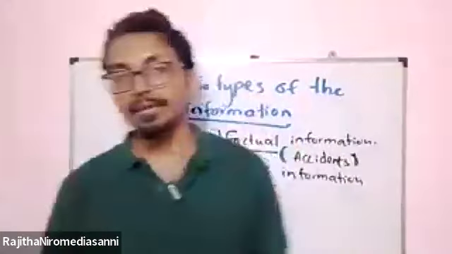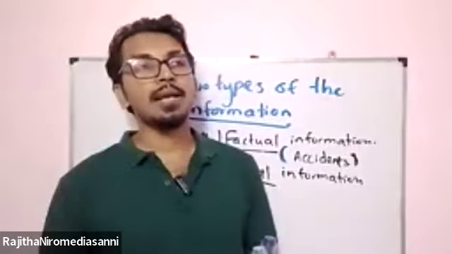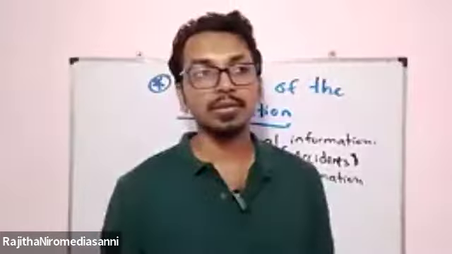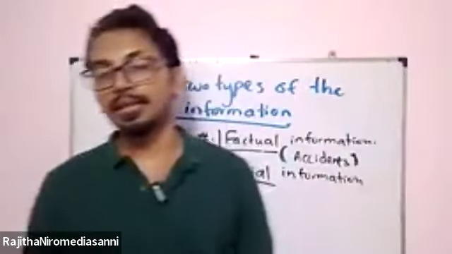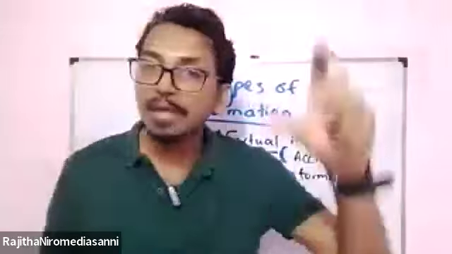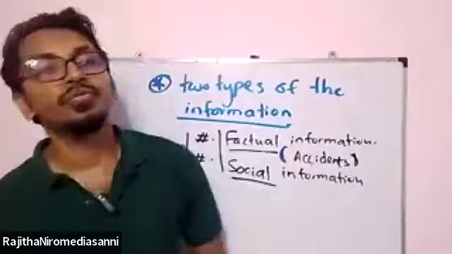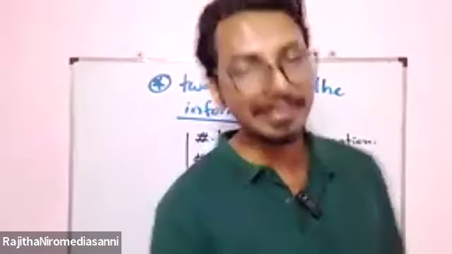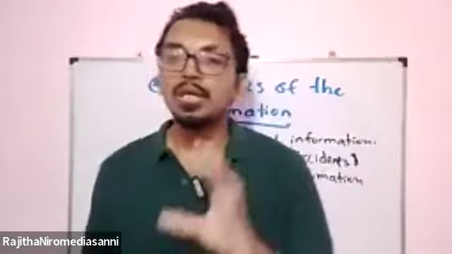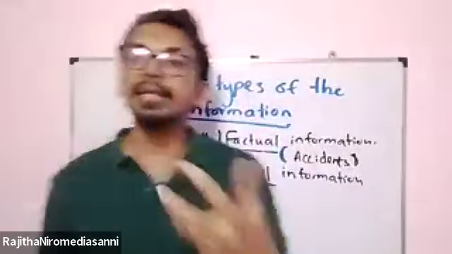Some characters are there, devil characters, gods, and non-human characters. Some kinds of places are there. Traditionally, they develop myths. Folk beliefs and folk stories are there. Many rites and ritual ideas are there. So, social myths, that type of thing. These are society-based ideas.